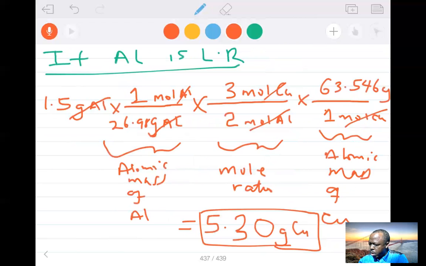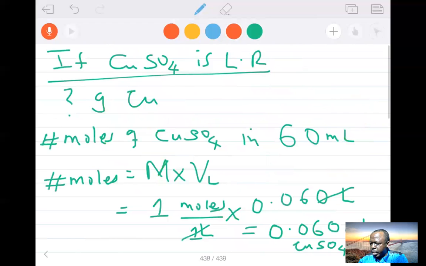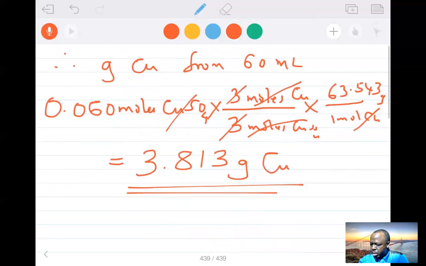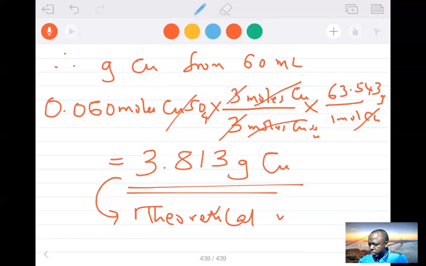So my limiting reagent is the copper 2 sulfate solution, and the theoretical yield, this is called the theoretical yield. Let's say I perform the experiment based on numbers I just picked randomly, and this is the expected.